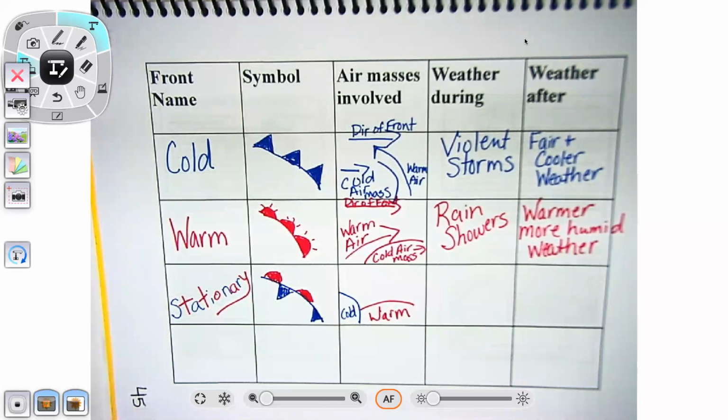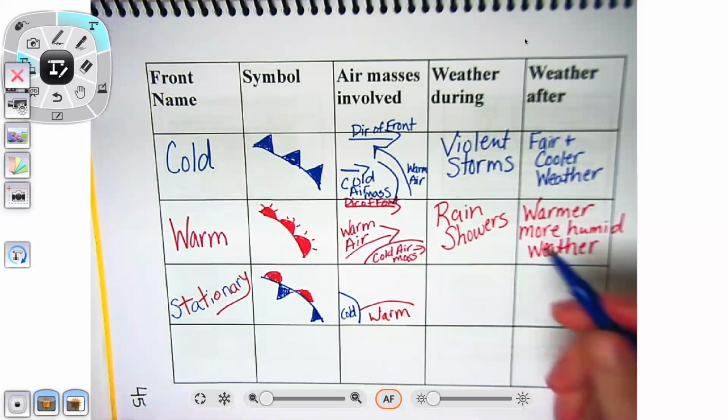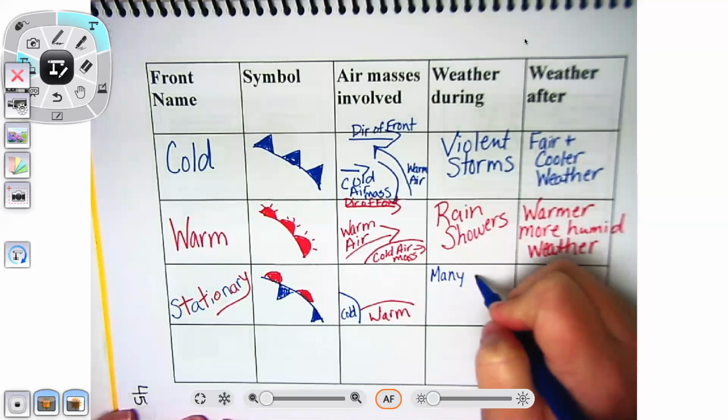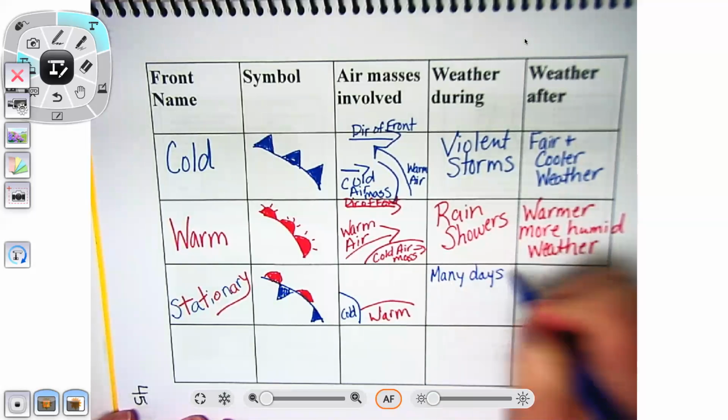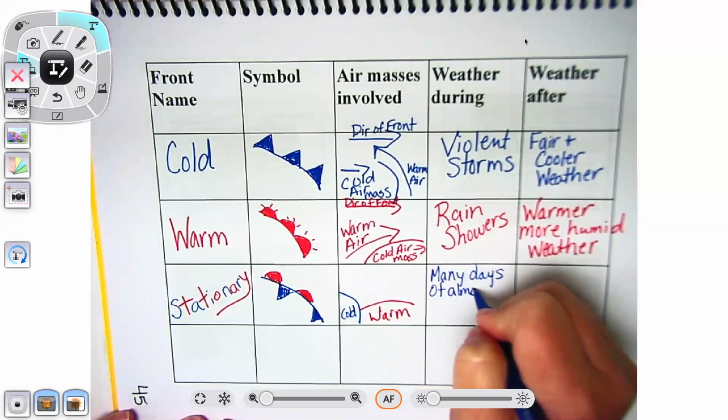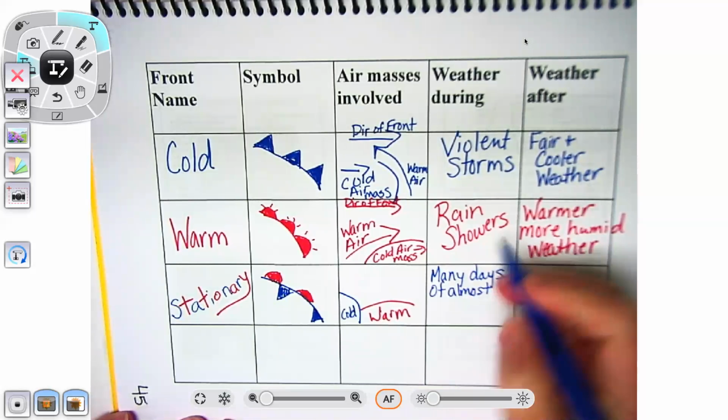Now, when we get those stationary fronts, it's kind of a pain because we have many days of almost continuous precipitation.